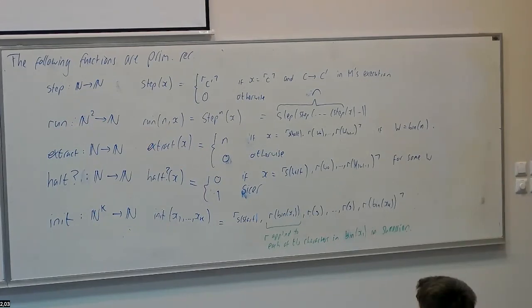So we're going to do minimization of the function that takes a number n to the halt test applied to run of n of what happens if we run the Turing machine on the initialized data.